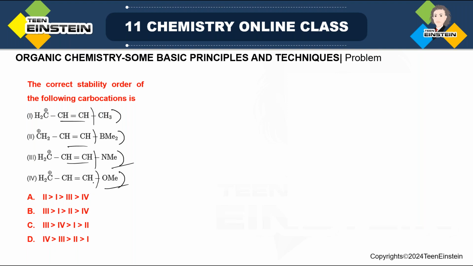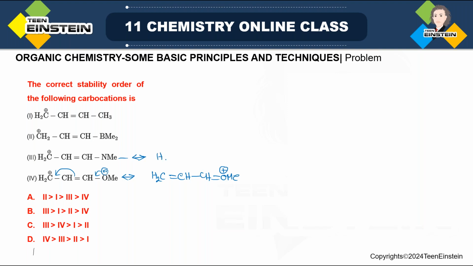So what type of resonance is possible in case of the last 2 species? So this lone pair, in this way the double bond will be shifted and the structure that you get will be like this. Now the C=C double bond is here, C=O+Me. Similar type of structure you can also draw here, with N+Me.